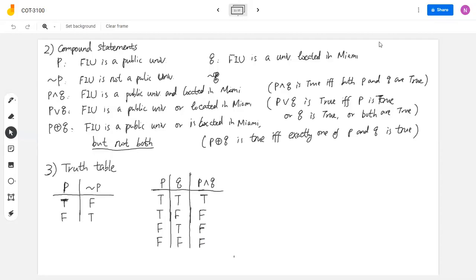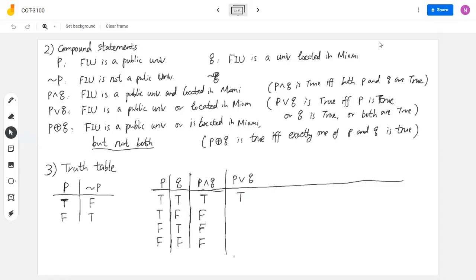Okay. So now we are ready to extend this truth table. This is called the truth table. Let's extend this truth table to consider more compound propositions, P or Q. And you can easily see that this is true when P and Q are both true.